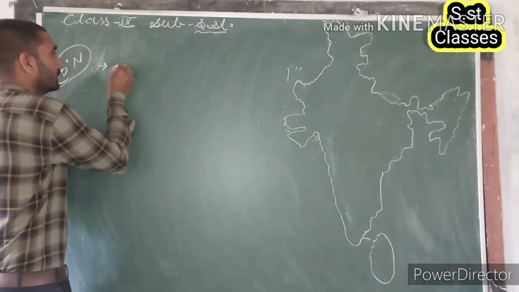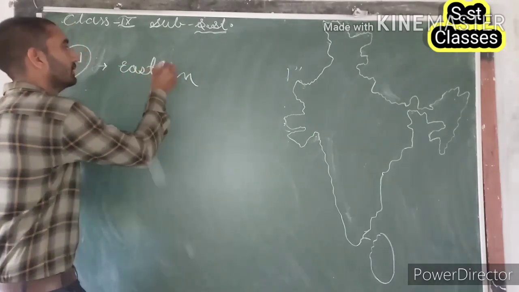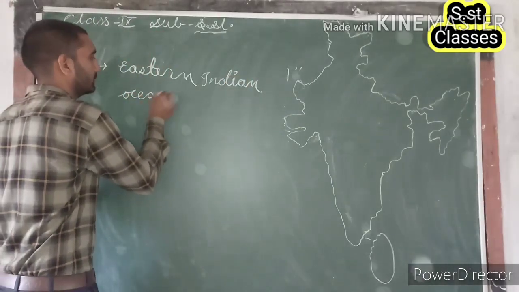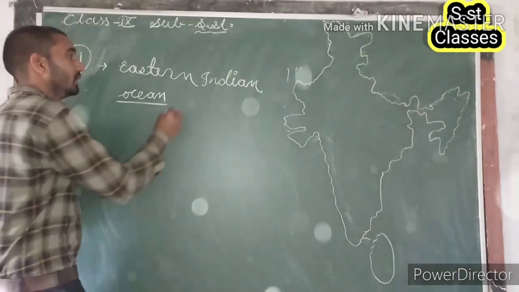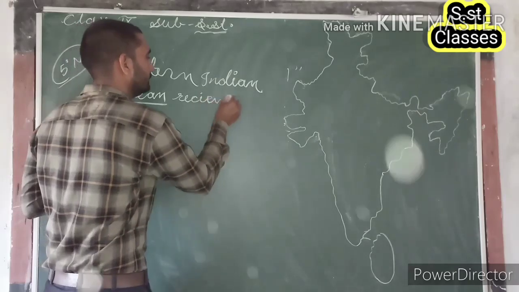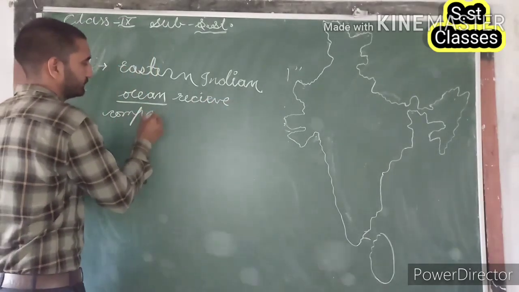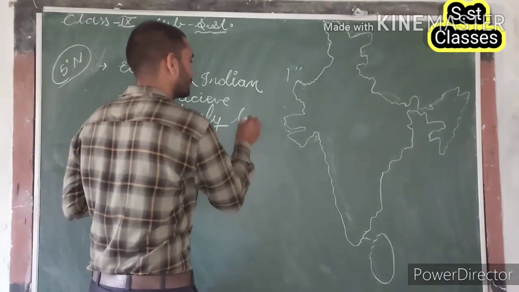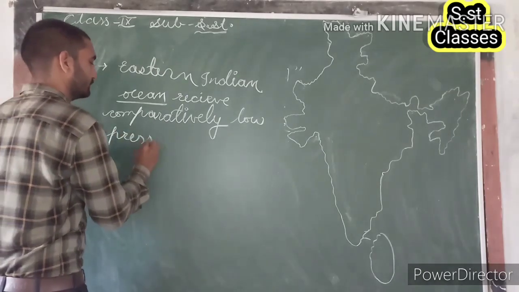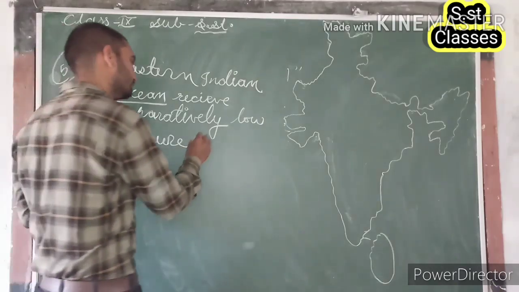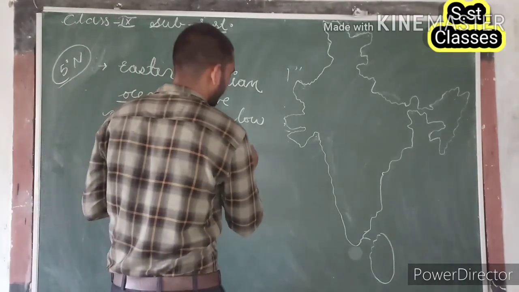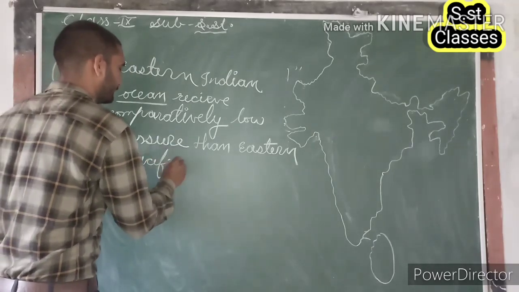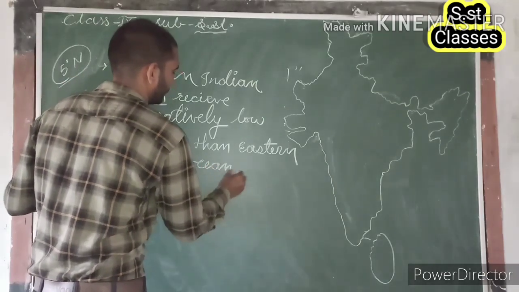Mean to say that generally the Eastern Indian Ocean receives comparatively low pressure than the Eastern Pacific Ocean.